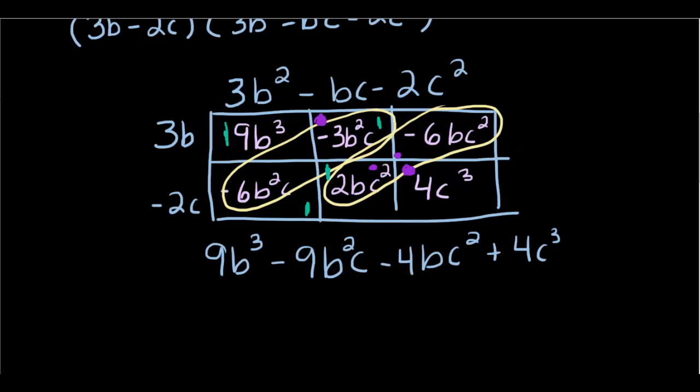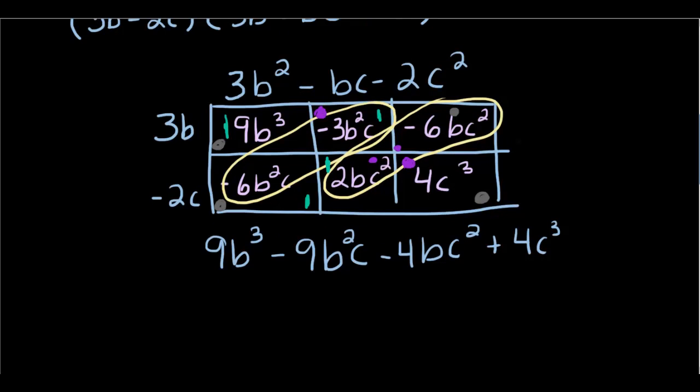And one last way to test it is to multiply this one times this one, which is 36b cubed c cubed, should be the same thing as this one times this one, which is 36b cubed c cubed. So that is an easy way to test the answer to make sure that you are doing the right thing.